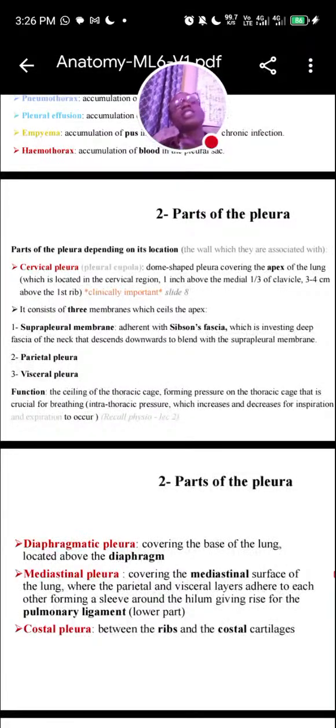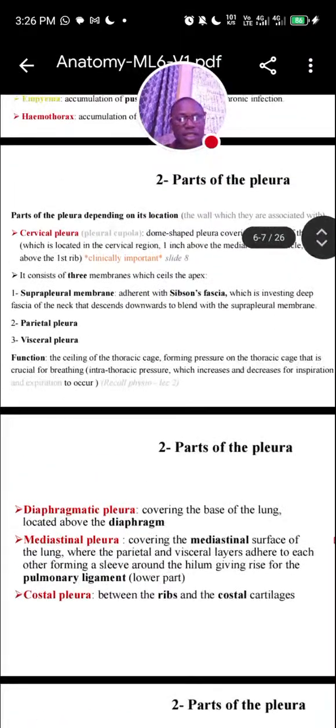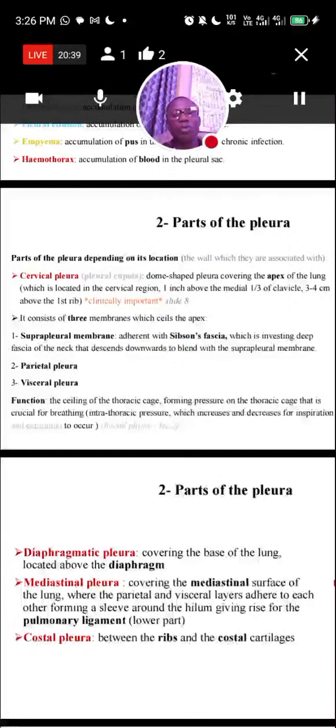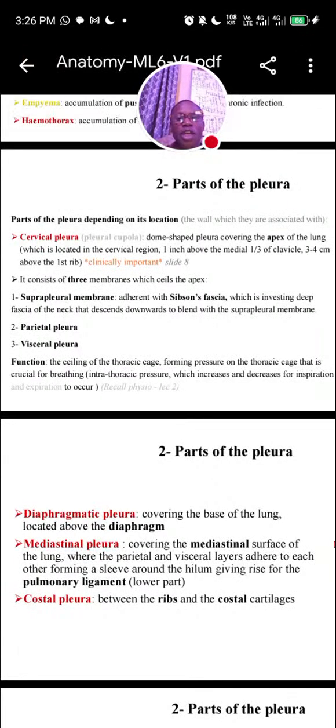Is it towards the cervical bone? Is it towards the Sibson's fascia? Is it towards the diaphragm? Is it towards the mediastinum? Or is it towards the costal cartilage? All right, so we're making progress. So we have four types of pleura. Now we have MDCC.